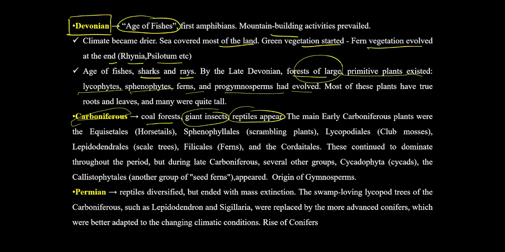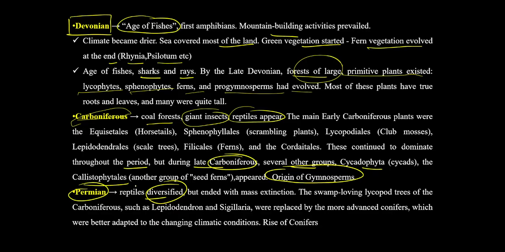They continued to dominate throughout the period, but during the late Carboniferous, several other groups like Cycadophyta and Callistophytales also appeared, and Gymnosperms also arose. Then the Permian period, where reptiles also diversified.